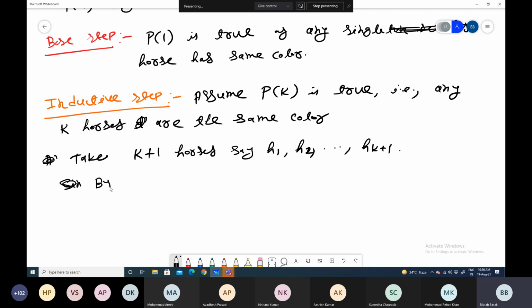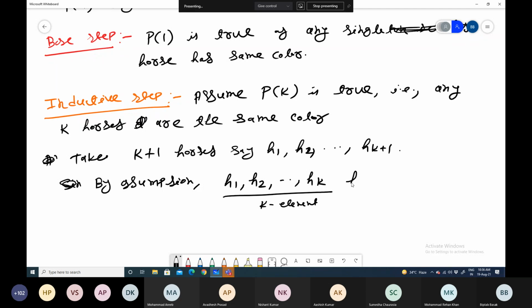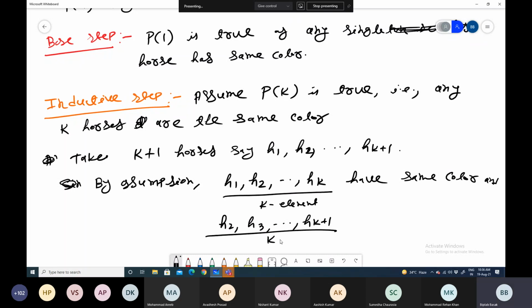Now by the hypothesis, or by assumption, h1, h2 up to hk, this one we have a k-element set, have the same color. And h2, h3 up to hk plus 1, again this is a k-element set, again have the same color.